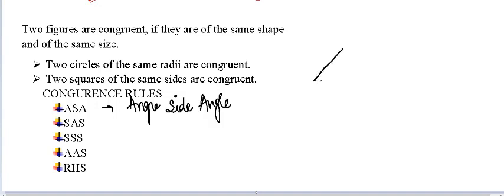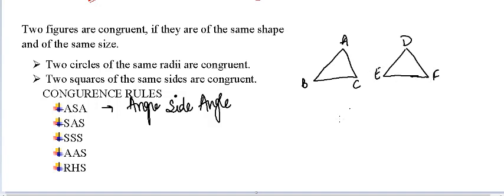If I'm having two triangles, this is my A, B and C, and I'm having D, E, F. We are having two triangles. Here is the angle B, and this side is 3 centimeter, this side is also 3 centimeter, and here you are having two angles.